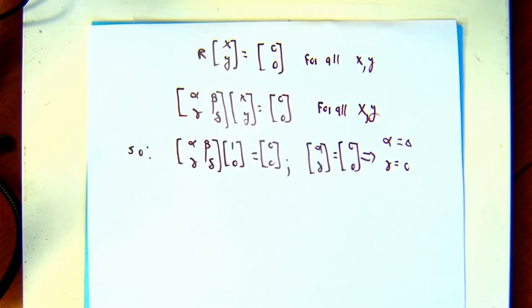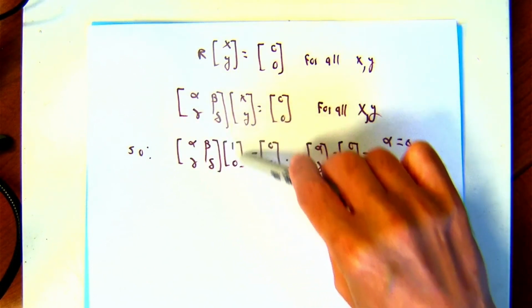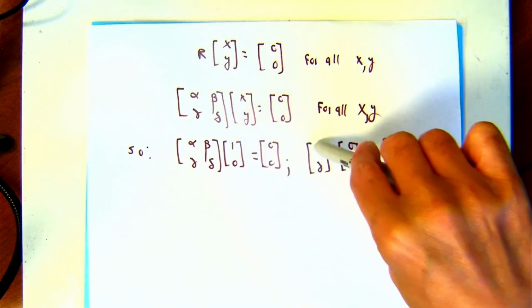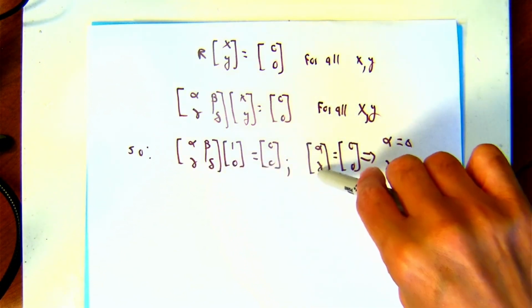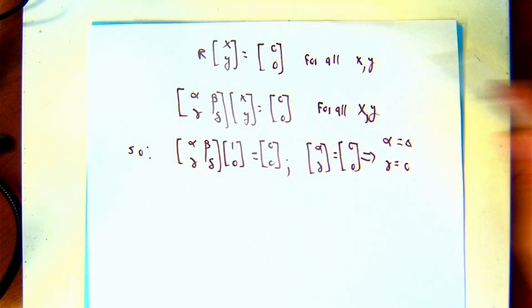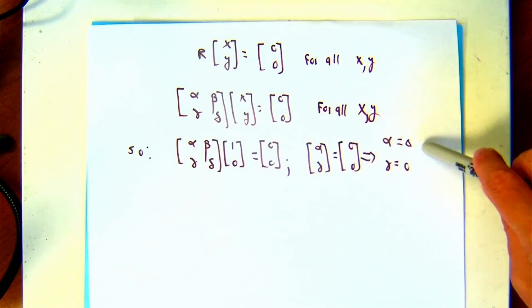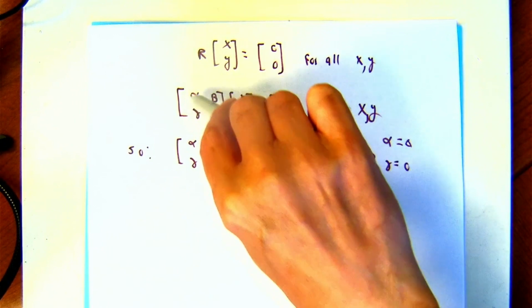Because of the way we multiply 2 by 2 matrices times a column vector with two numbers in it, go across the column, row down the column, alpha times 1 plus beta times 0 is alpha, gamma times 1 plus delta times 0 is gamma. This is supposed to equal 0, 0. The only way that's going to work is if alpha is 0 and gamma is 0. So I know those two numbers must be 0.